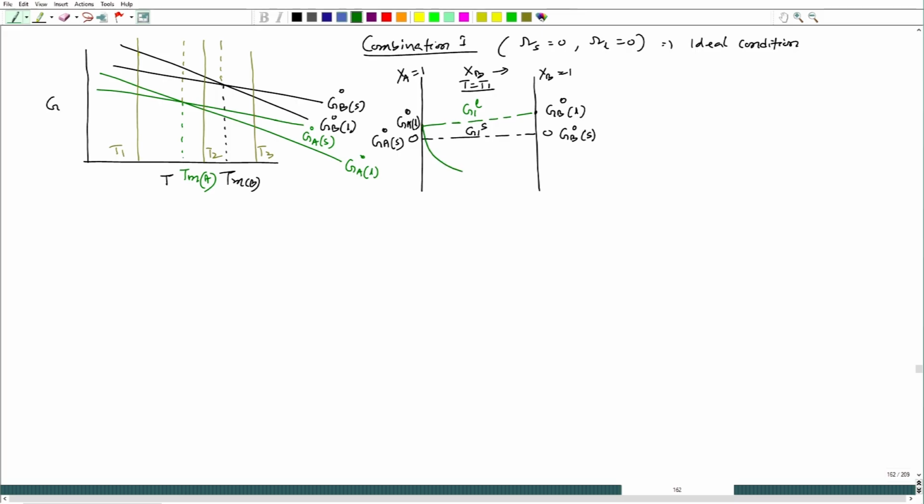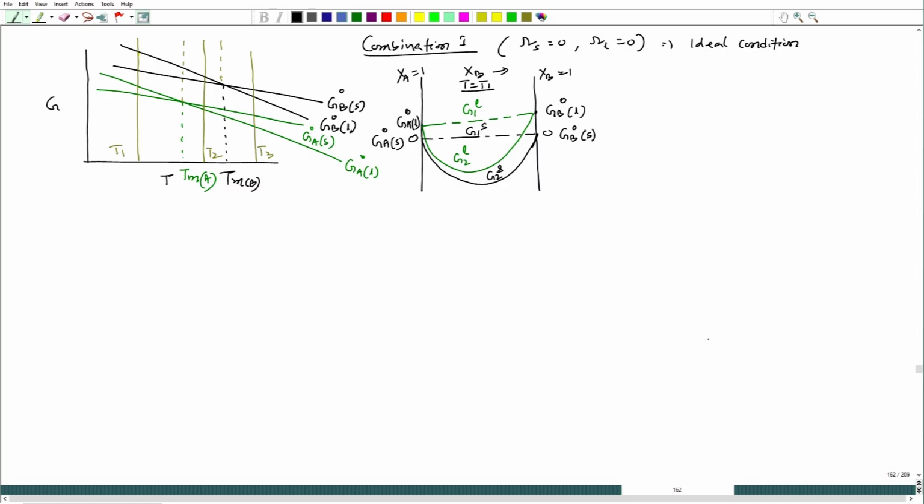This is G2 liquid, this is G2 solid. Fine. So, as per stability over the entire temperature and entire composition range, the solid solution free energy is lower than the liquid solution free energy. So, the solid will be stable over the entire composition range.